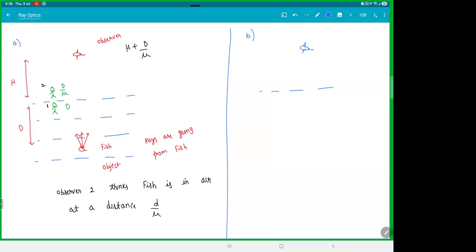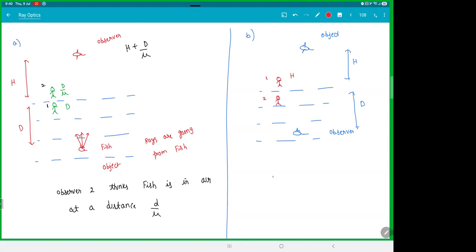Now, this is the bird there. This is the fish. So this is your object, and this is the observer. So light rays are coming from the bird. This distance was h, and this distance was D. If an observer is standing in the air, if you ask him, boss, where is the bird? He will say h. The moment you put his head inside the water, there is a refraction.